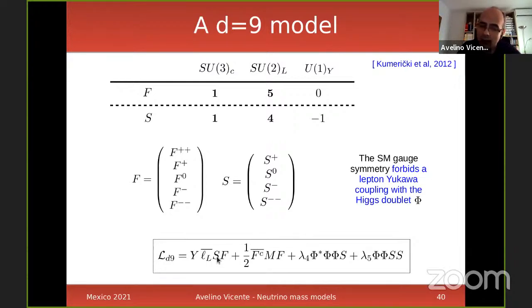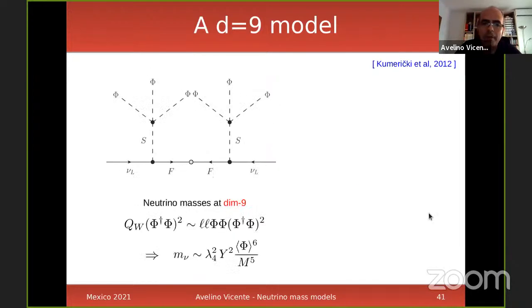So you cannot write it down. You need S to make this coupling gauge invariant under SU(2). Why is that important? Because S does not get a vev. Well, actually it does get a vev, sorry, but the vev of S is connected to the vev of phi thanks to these couplings in the scalar potential.